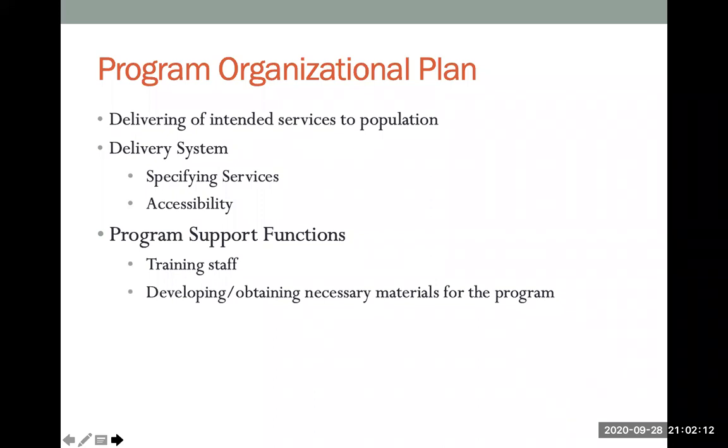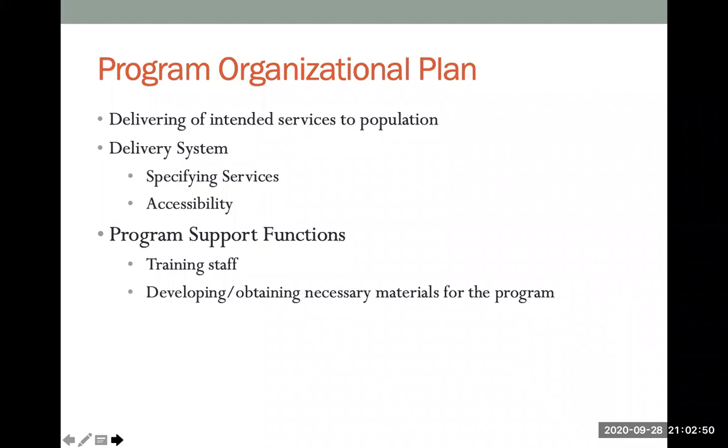Further, we want to be intentional around making sure that we've made the program accessible for the clients, the consumers that we're actually targeting. If the program occurs in the evening and our actual clients, our actual families, and we know that families may have children, we want to make sure that there's childcare available so the families could attend the program.